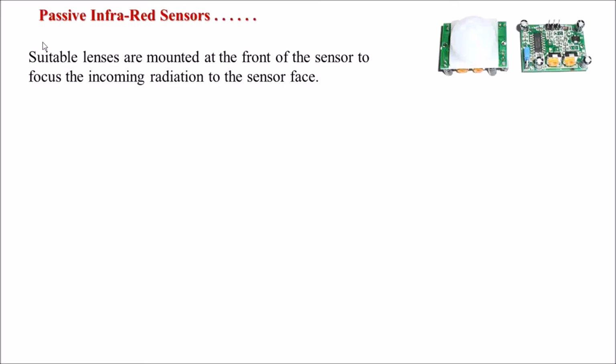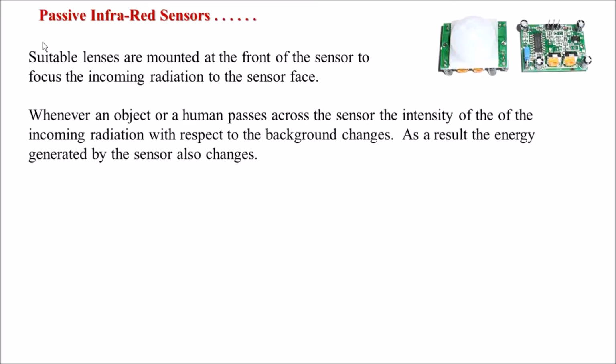Suitable lenses are mounted at the front of the sensor to focus the incoming radiation onto the sensor face. Whenever an object or human passes across the sensor, the intensity of the incoming radiation with respect to the background changes, and the energy generated by the sensor also changes.